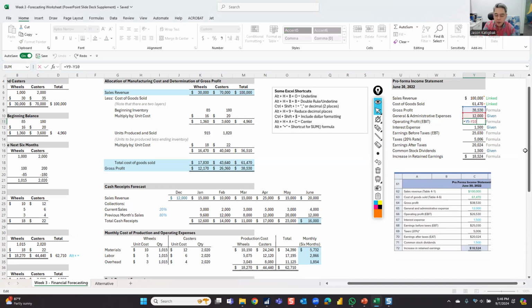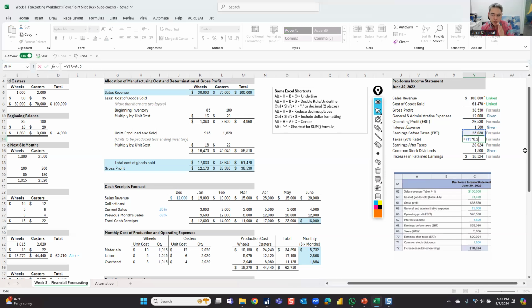Gross profit minus operating expenses, which includes general and admin, equals operating profit or EBIT, earnings before interest and taxes. It's formula. The interest expense is a given in the problem. It's 1,500. And then EBIT or operating profit minus interest expense is actually earnings before taxes, EBT. And in taxes, it's 20% of EBT.